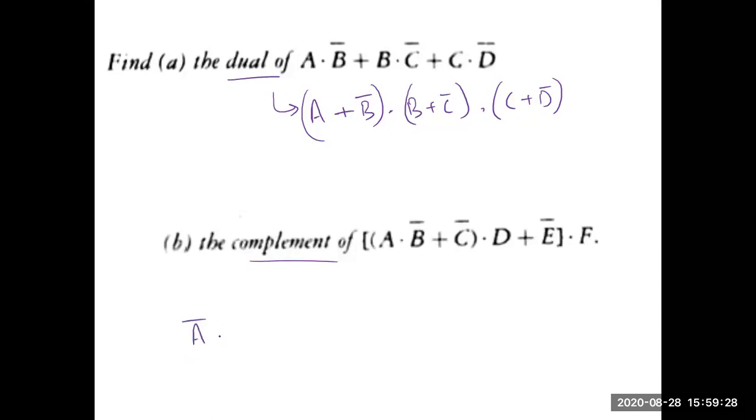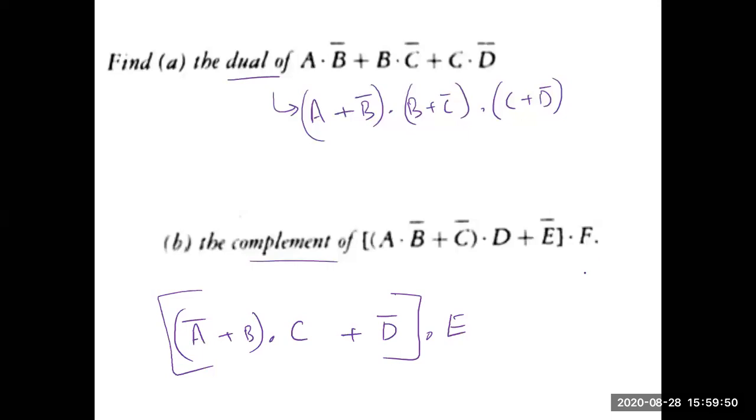In place of a you need to write a bar, this dot will be converted into plus, b bar is converted into b, and this plus will be converted into dot, this c bar is c, then this dot will be converted to plus, d is converted into d bar, and this plus will convert into dot, e bar will convert into e, and this dot will convert into f.